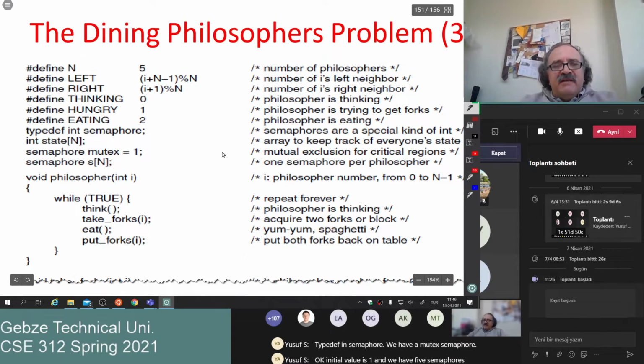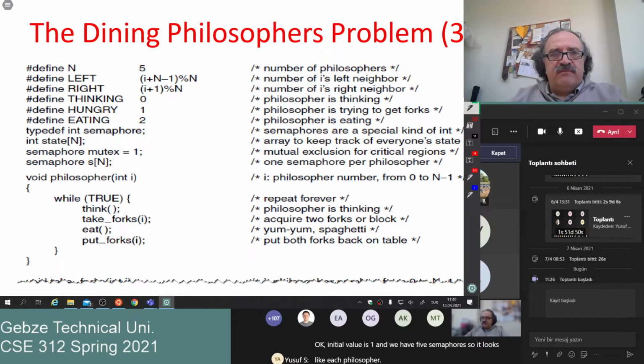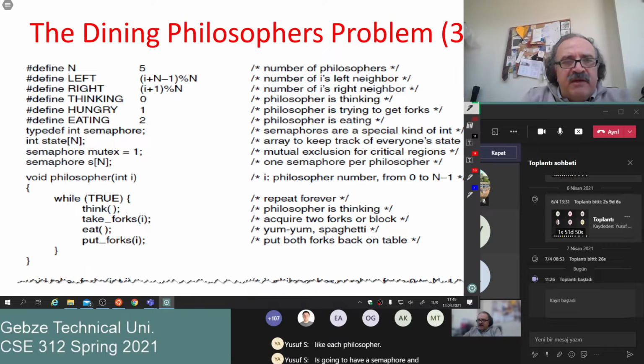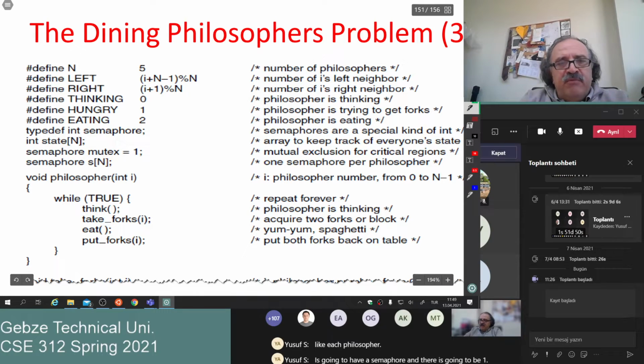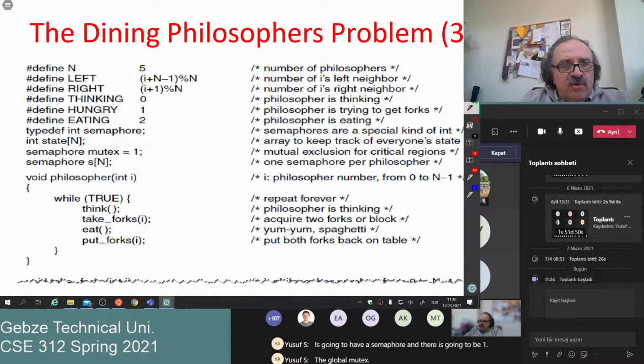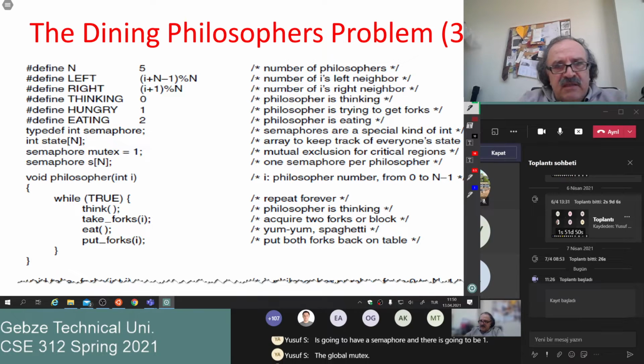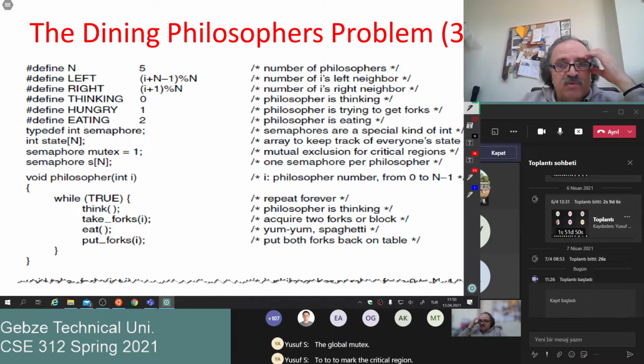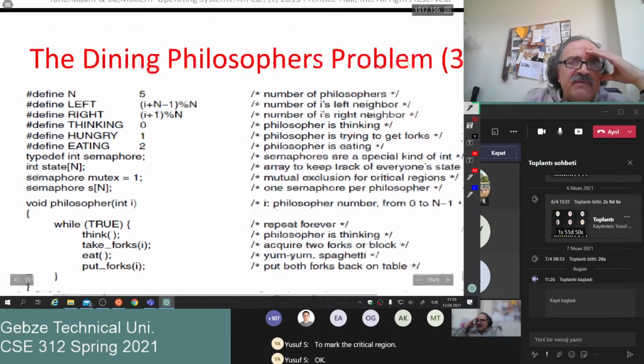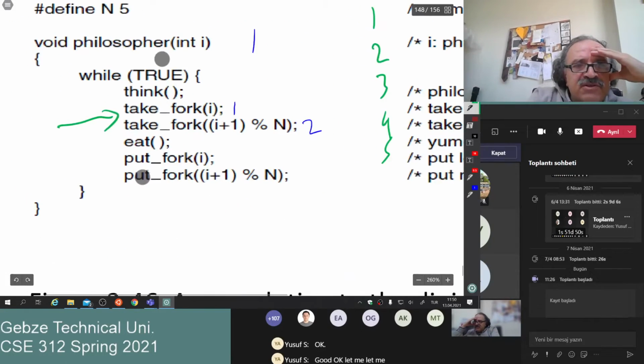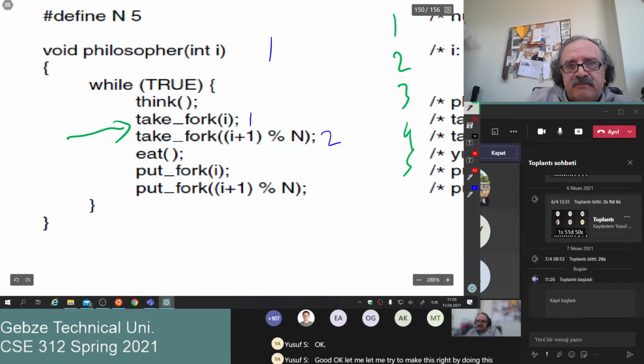So it looks like each philosopher is going to have a semaphore, and there is going to be one global mutex to mark the critical region. Good.